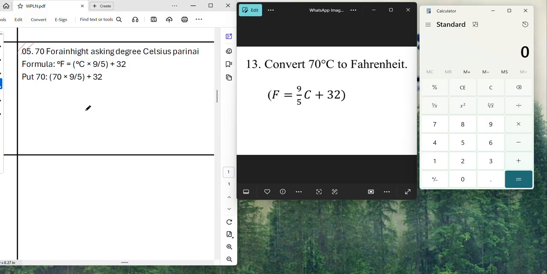F is 9 by 5, so 70 degrees multiplied by 9.